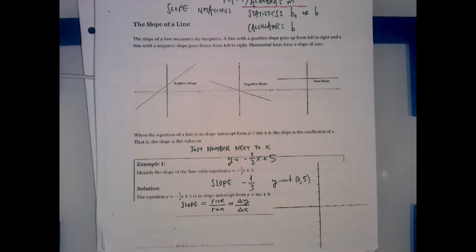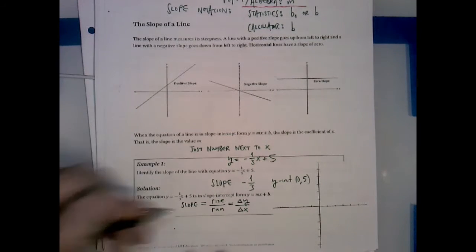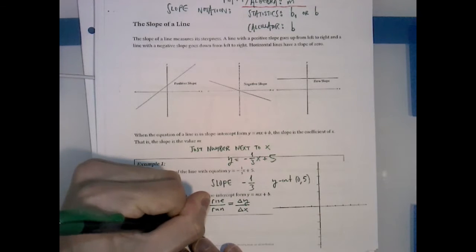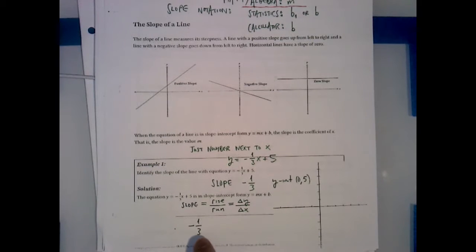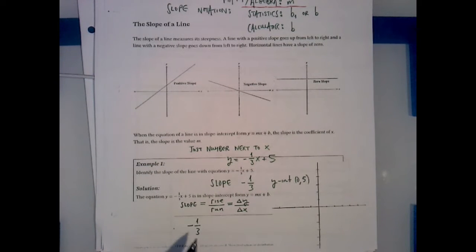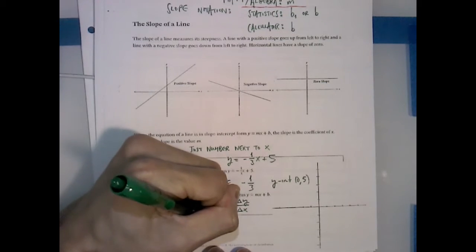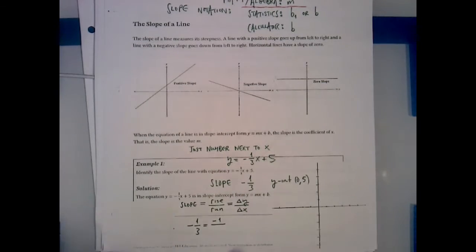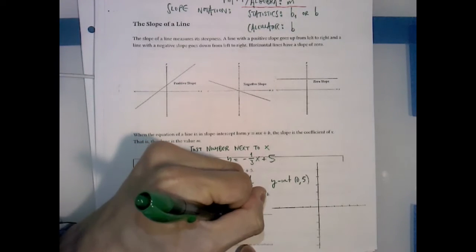So the way you can graph these lines is, you know the slope is rise over run, but we also know the slope is -1/3. And what we can do is, this negative sign is allowed to go upstairs or downstairs. So we can think of it as -1/3, or we can think of it as 1/-3.